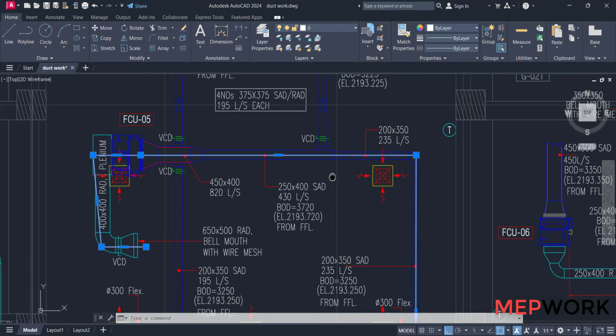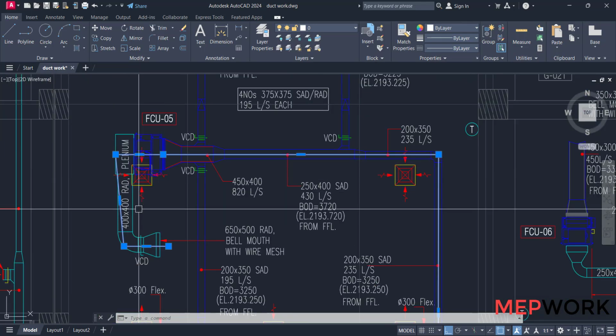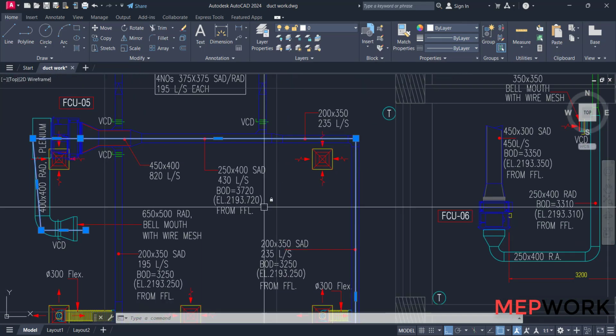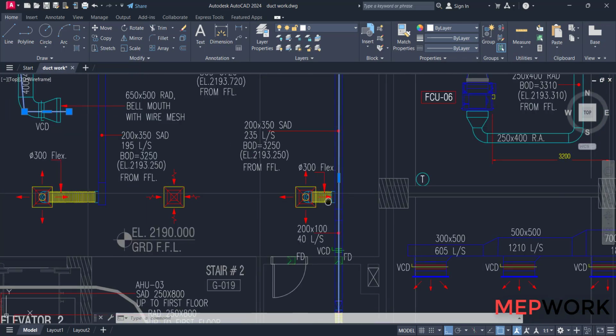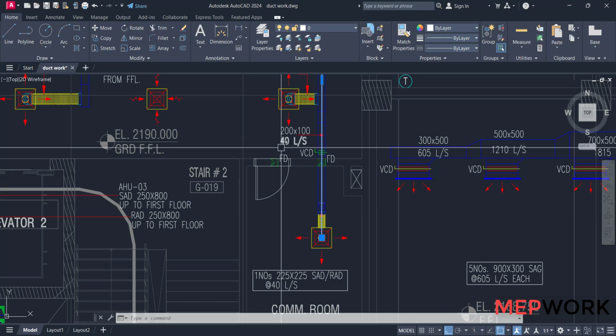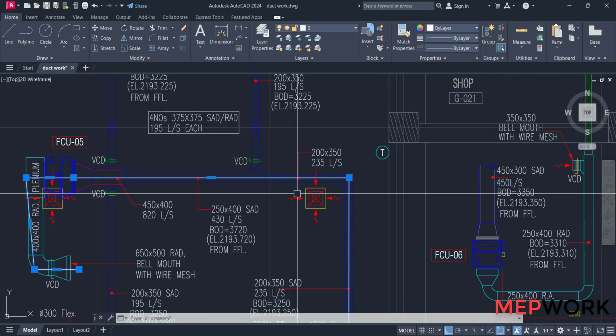We take the supply duct and the return duct in consideration. Why is this the critical path? It is the longest one and it has many accessories and fittings.